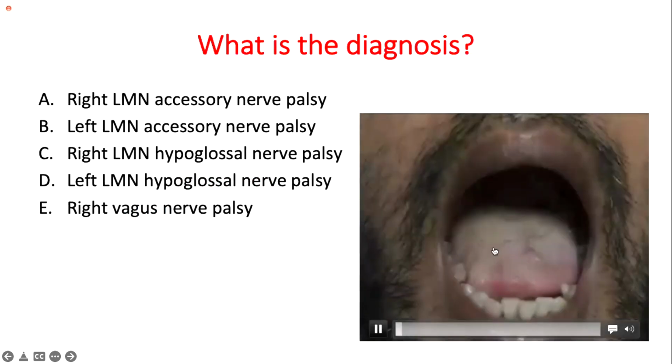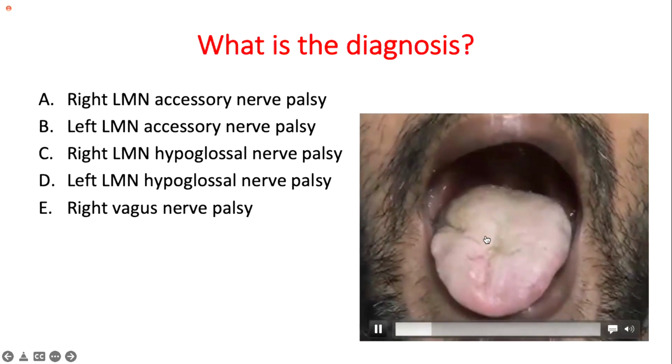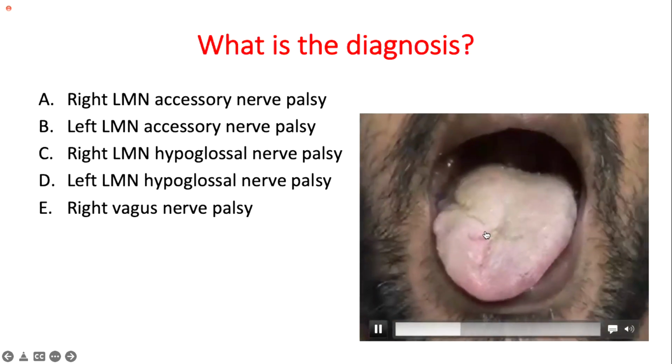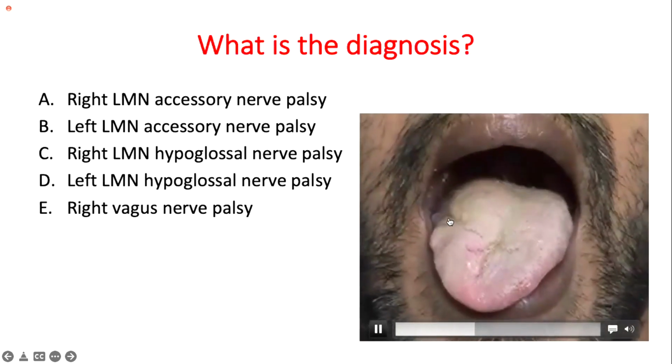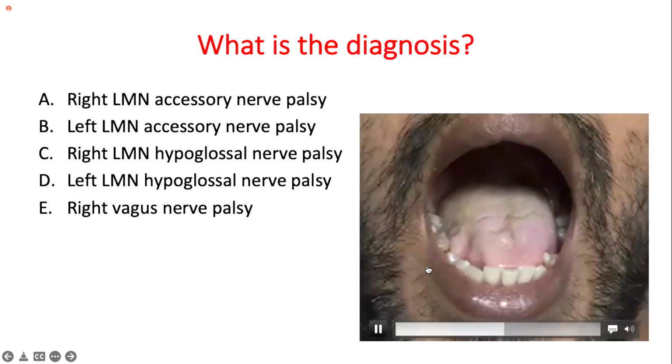Right, so what you see here is when the tongue is stuck out, it deviates to the right side. And you see wasting here. When you see wasting, you know there's a lower motor neuron problem on the right side. So you already have the side. And it deviates to the right side.